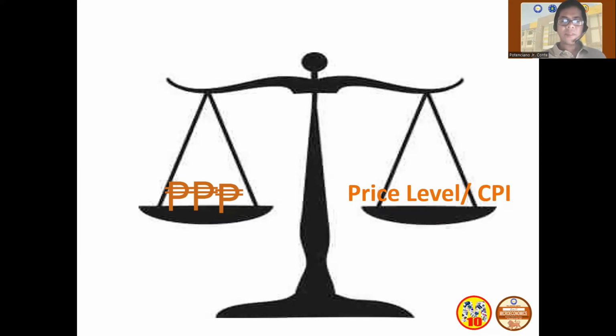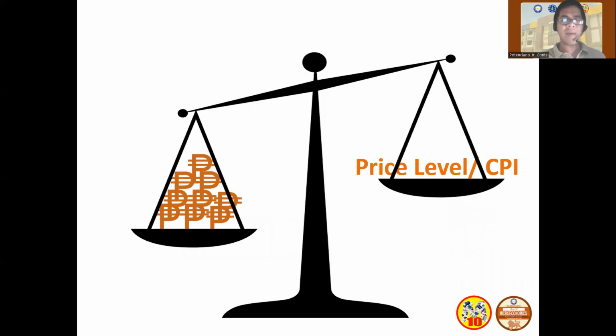Now, if the central bank decided to print more money, they're adding to the amount of money that is circulating in the economy. And what will happen with the weighing balance? Okay? Mas mabigat na sa kabila, tumaas yung isa.